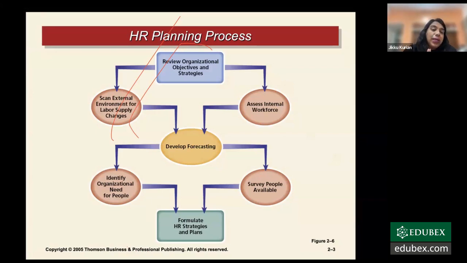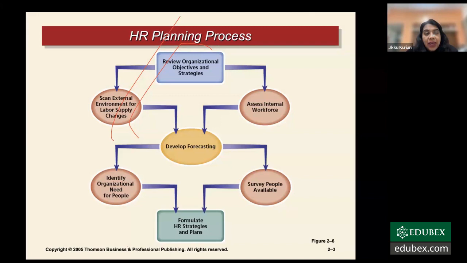Based on this assessment, first we will assess how many employees are available in the organization, and we try to find out the gap between the supply and the demand. For example, you are anticipating a new project probably after 3 months, and the discussion is going on in the pipeline.